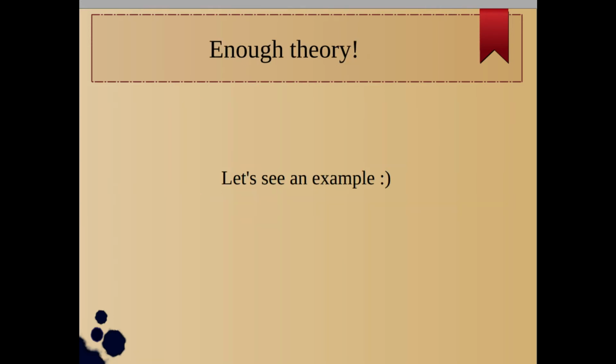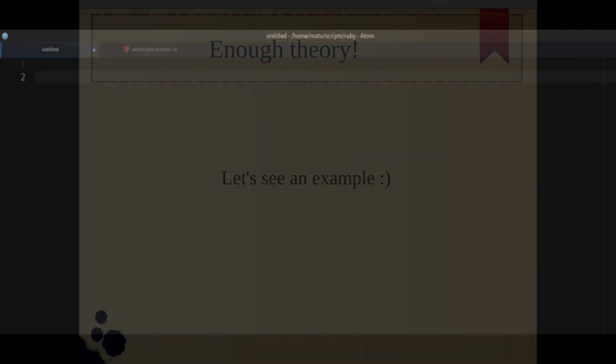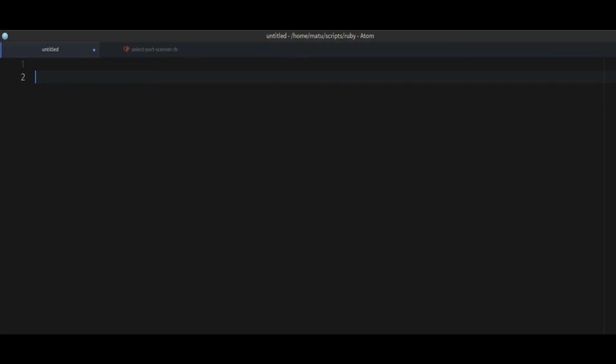So now we have enough theory. Let me show you an example. Let me show you how you can use a thread. To create a thread, all you have to do is say Thread.new and then create a block and put something inside.